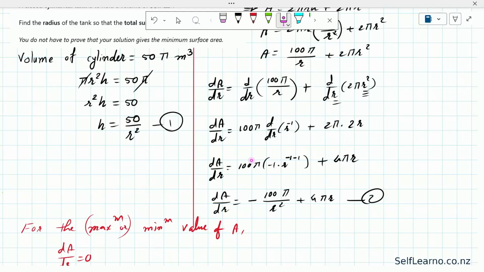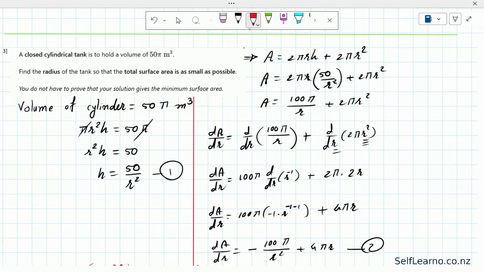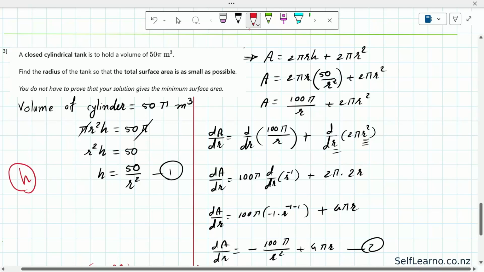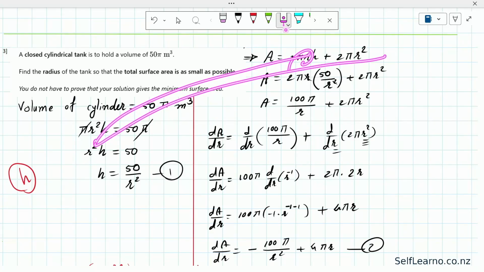And they're done. But if the question is asking for h and you try to eliminate r, r is present at two different places, then you have to plug in the value of r from here at two different places. So it will be a huge expression and the algebra becomes a little difficult, but it can be done.